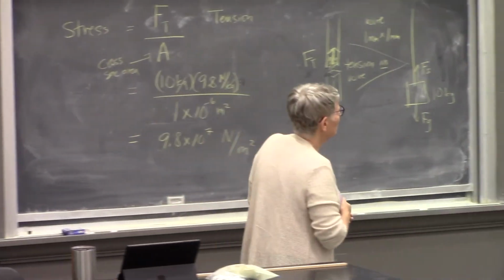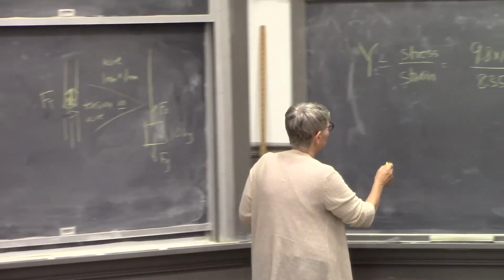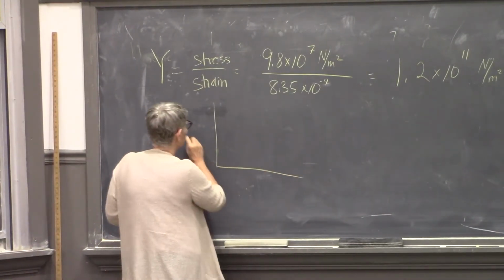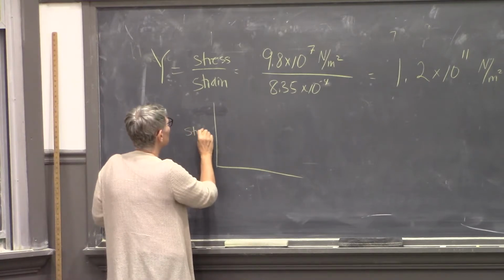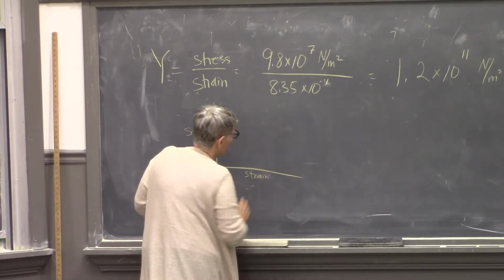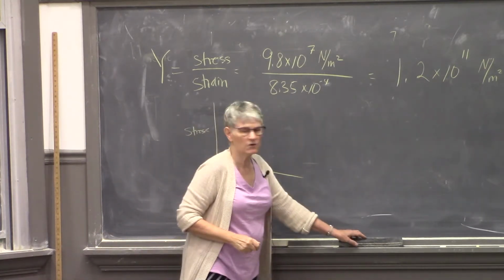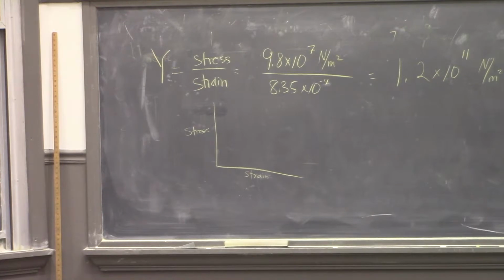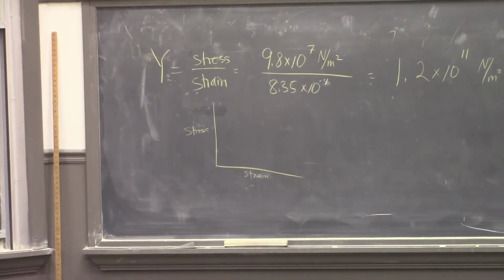Now when you try to measure Young's modulus, you plot stress over strain, or actually what you're really measuring is your hanging weights.